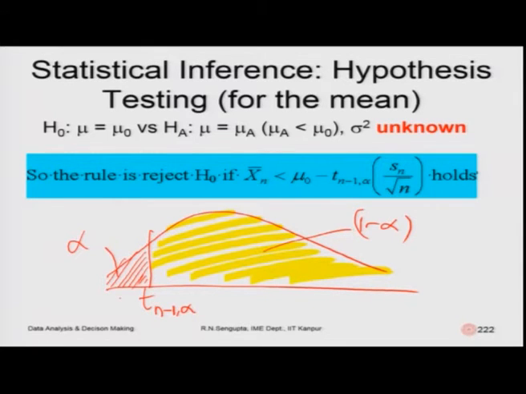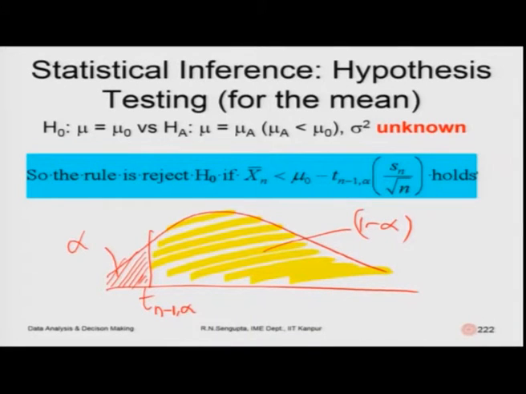Why is it n minus 1 alpha? Because you have lost 1 degree of freedom trying to find out the first moment, which is the mean, hence the t distribution would have lost 1 degree of freedom, which is now n minus 1.